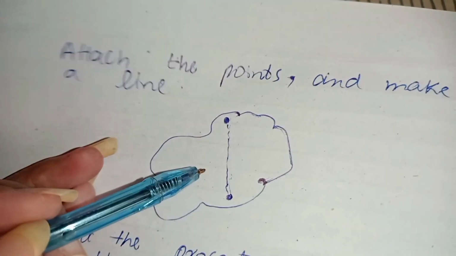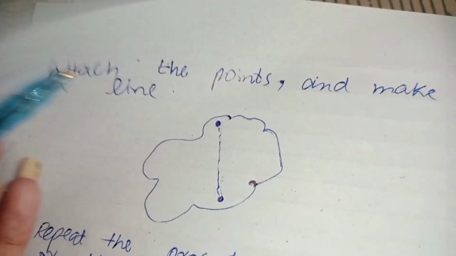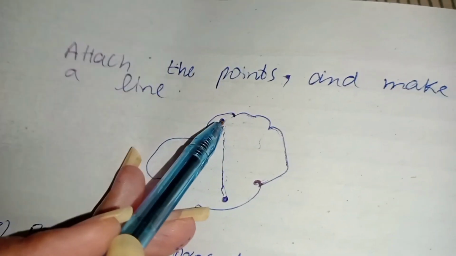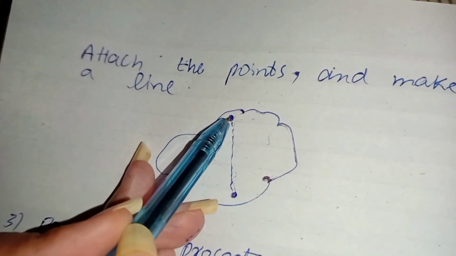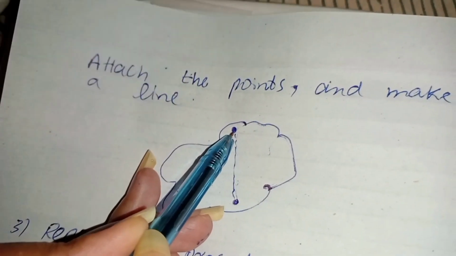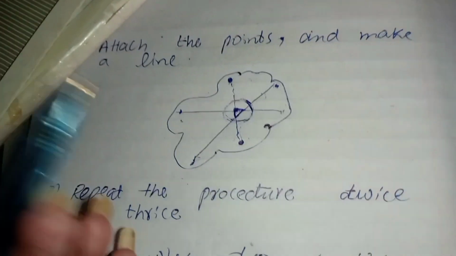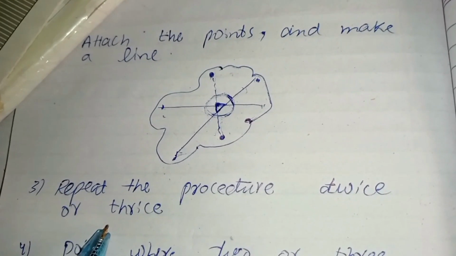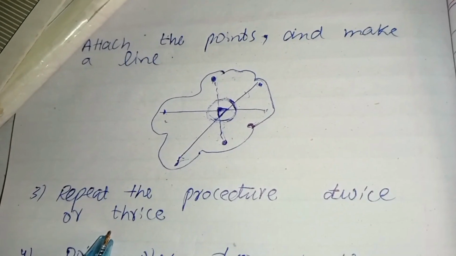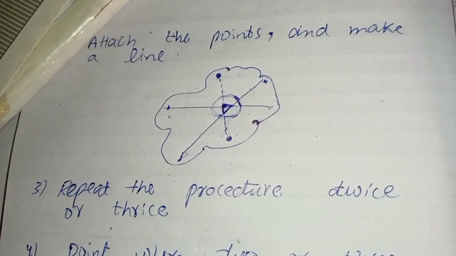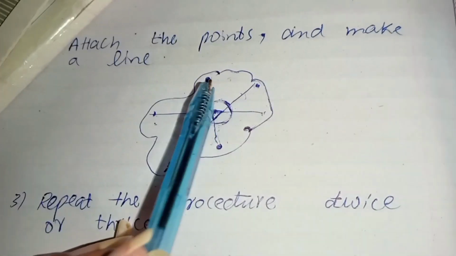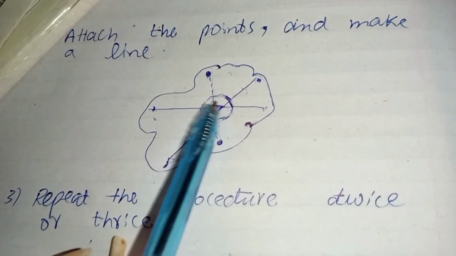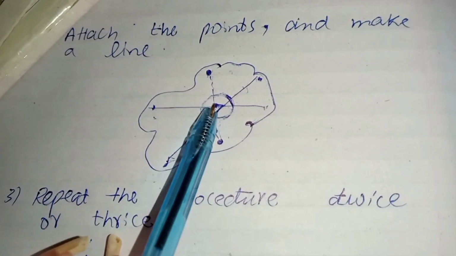And then the third step would be to repeat the same experiment from some other edge. For example, for step 2 you have taken this point. The next step is to repeat the procedure at least twice or thrice to get an accurate reading. For example, if you have taken 3 readings and marked these 3 lines and you have got a triangle at the center, that is, these 3 lines are not meeting at a single point.